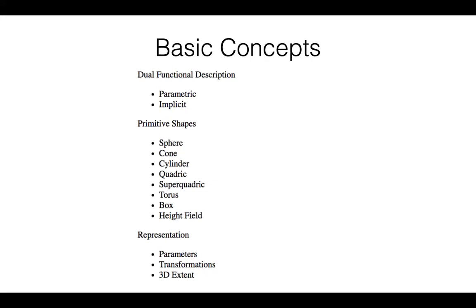So we have typical objects like a sphere, cone, cylinder, quadric, etc. And the representation, as I said, will be given by the parameters associated with the primitives, transformations, and also auxiliary structures like a 3D extent, like a bounding box of the primitive.